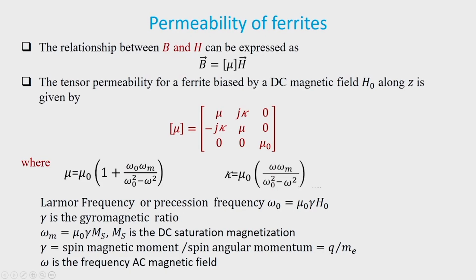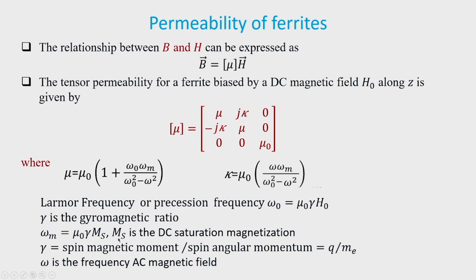The magnetic dipole moments try to align along the applied field, and if the strength of the applied bias field is kept on increasing, a scenario will come when all these dipole moments get aligned, and this condition corresponds to the saturation condition of magnetization.